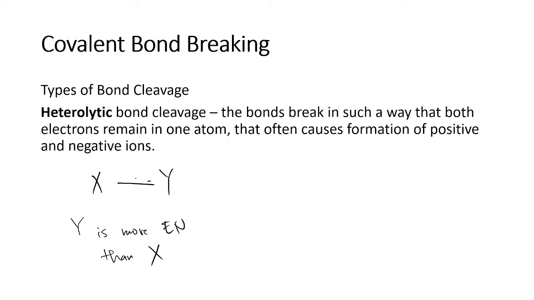So meaning to say, we have here a double headed arrow, meaning to say there are two electrons that move from our bonds to Y, meaning to say we will have here a positively charged X due to the missing of one electron and a negatively charged Y. So therefore forming what we call a cation and an anion.